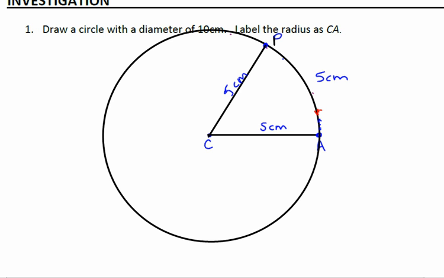This length here is 5. It is the same. Okay? Mathematically, it's right. Now, what I would like you to do is measure the angle in degrees, this angle here.